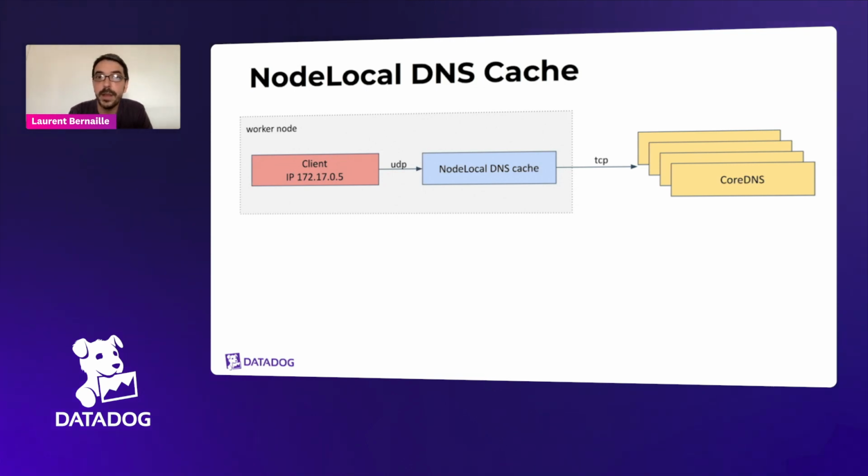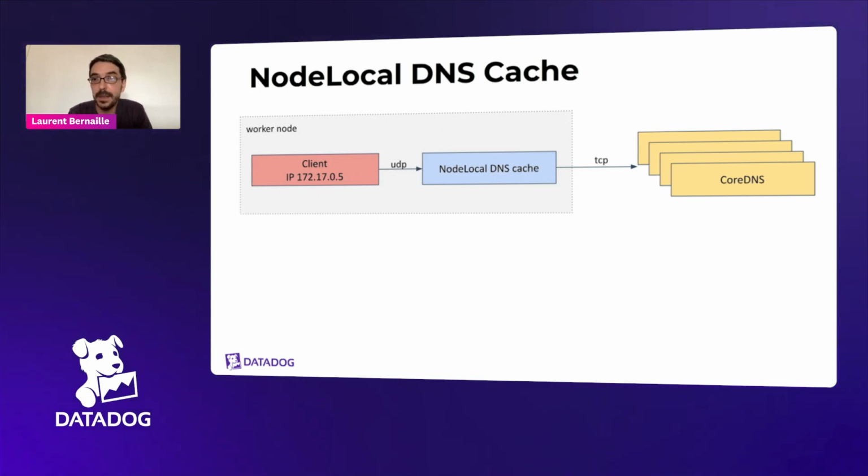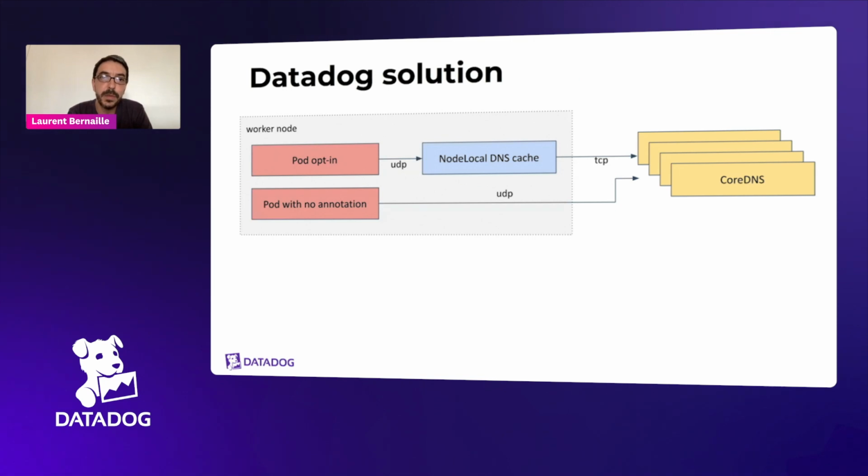You would just do a UDP connection to the node local cache, which would then do a TCP connection to the DNS service and DNS pods. And what you could do too, and what node-local DNS does, is disable connection tracking for this traffic, which means you don't risk the conntrack being full. That was great. So we decided to go with the same design with some small adjustments.